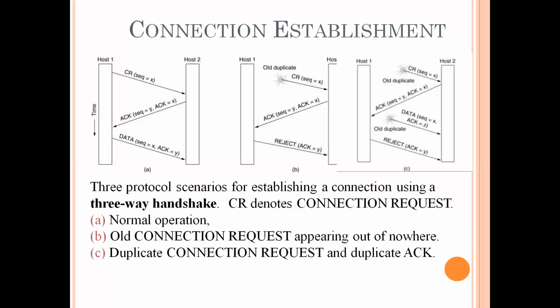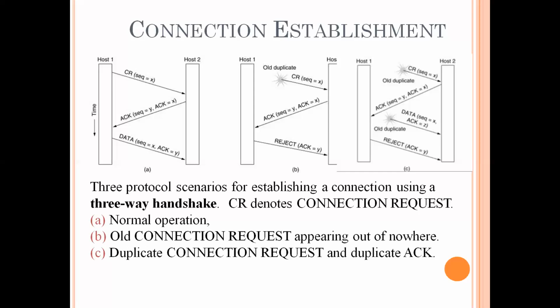This old or duplicate connection request occurs because the connection from one host to another may take many paths. The receiving of data through different paths may take different times. Because of the delay, there may be an occurrence of old and duplicate connection requests.